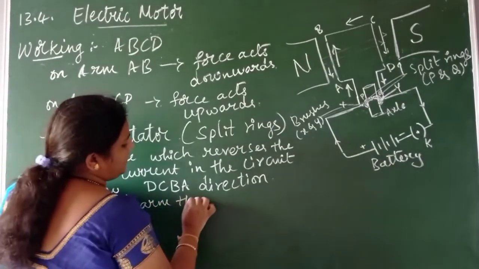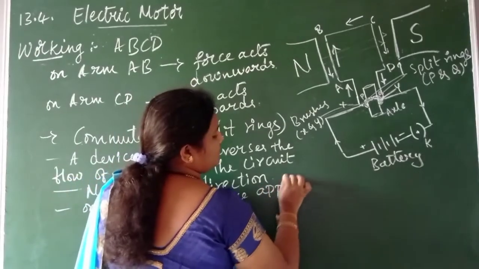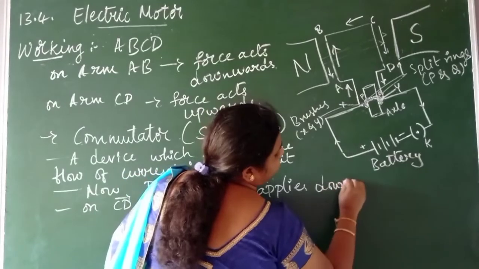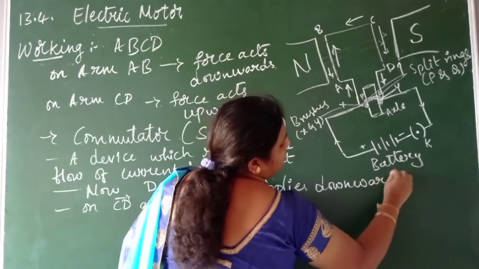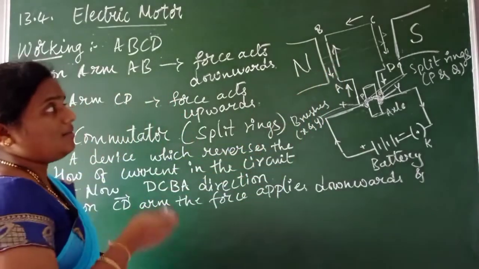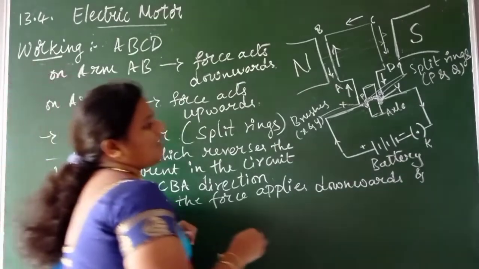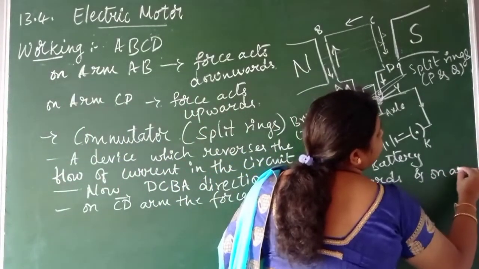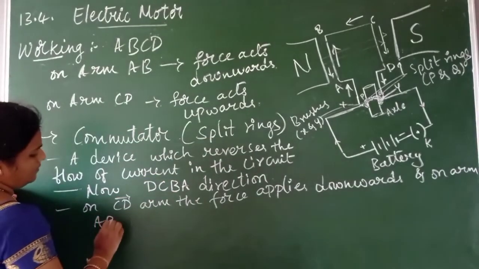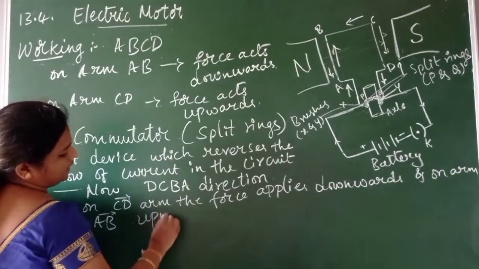The force applies downwards, and on the AB arm, the force is acting upwards. On arm AB, the force acts what? Upwards.